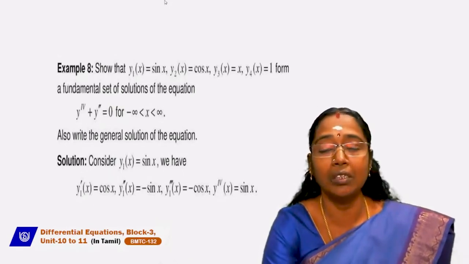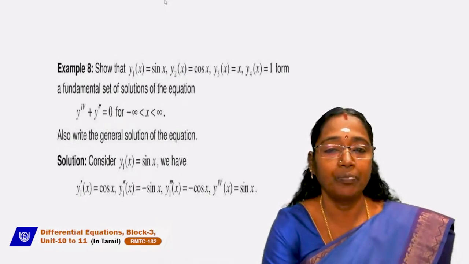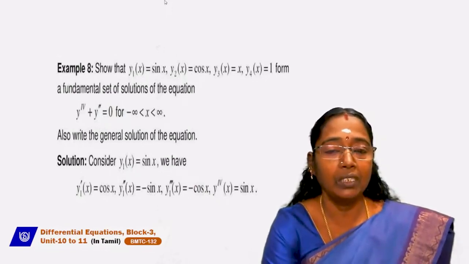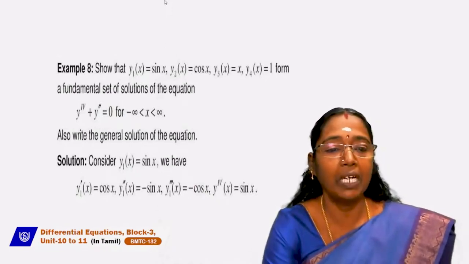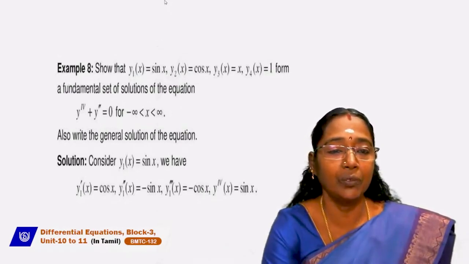Now come to the third function, namely y3 of x. What is y3 of x? It is equal to x. What is y3 dash of x? 1. From the second derivative onwards, the value will be equivalent to 0. Namely, y3 double dash equal to 0, y3 triple dash again 0, and y3 4 dash again 0.